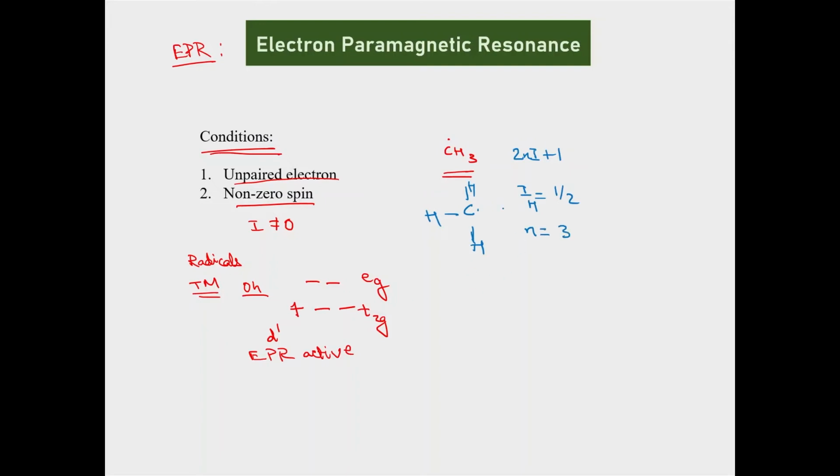If we put these values in this equation, 2 into 3 into 1 by 2 plus 1, that is 3 plus 1, or 4. So here we will get 4 lines for the CH3 radical.